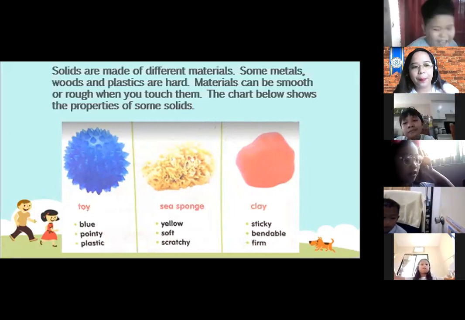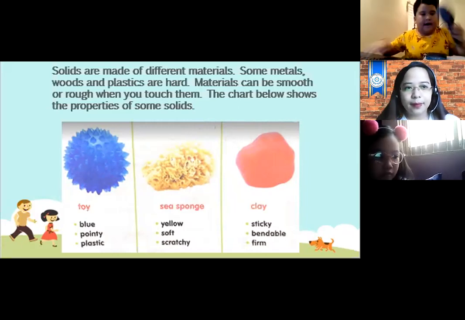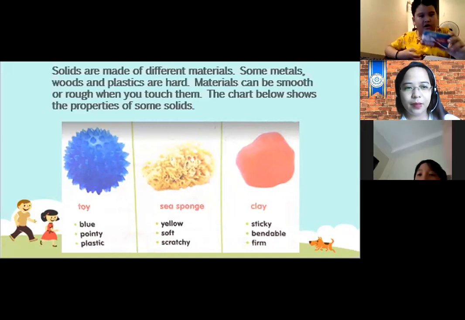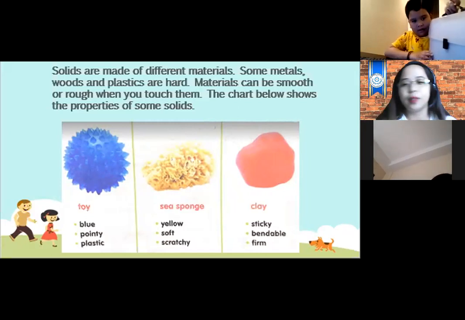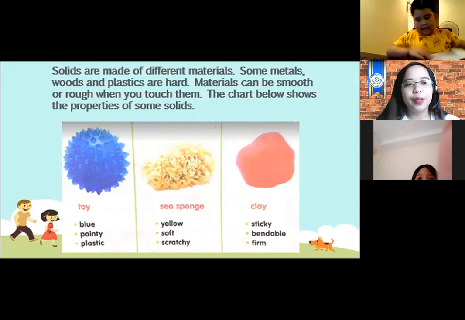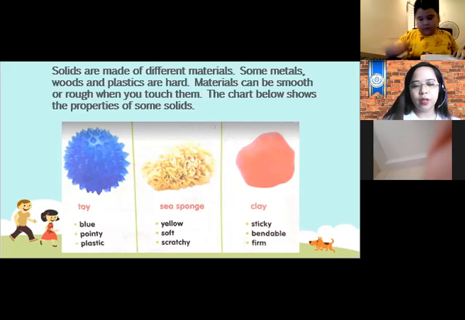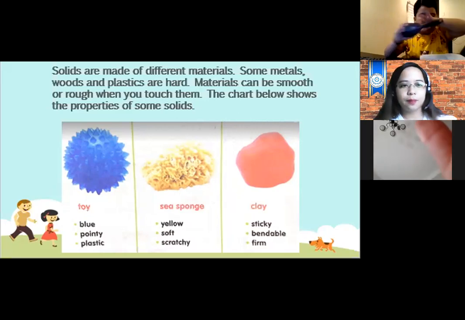I have a pencil, a brush, and then a whiteboard eraser. Okay, can you please choose one and then describe the properties of the solid object?